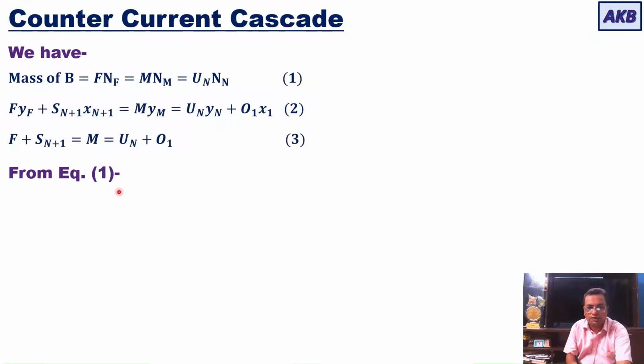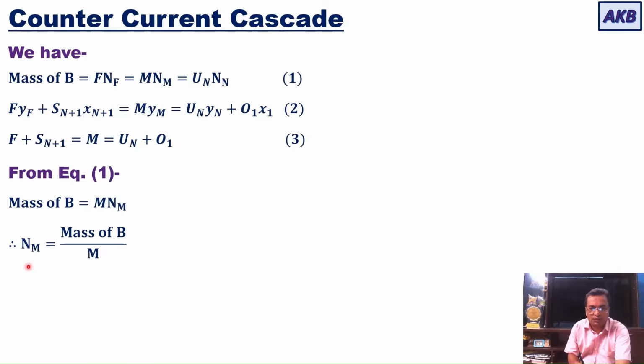Now from equation 1, what can I write? Mass of B is equal to M into NM. So from equation 1, I can write a small equation, that NM is equal to mass of B upon M. After rearranging, I can write the equation for NM.